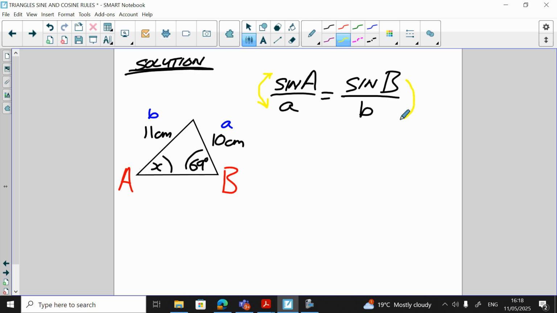Previously, there would have been one below the other. But it doesn't matter, because it's like saying if 5 over 2 is equal to 10 over 4, then 2 over 5 is equal to 4 over 10.